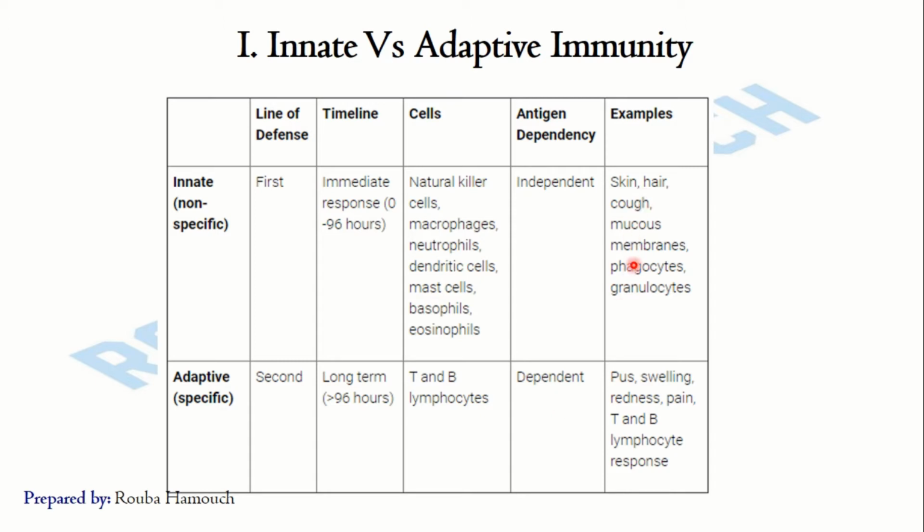Here we have examples of the manifestations or components of the innate immune response, which are the natural barriers: skin, hair, mucosal membranes, and the effectors are phagocytes and granulocytes. We also have swelling, pus, pain, and redness, but also we have the response of T and B lymphocytes.